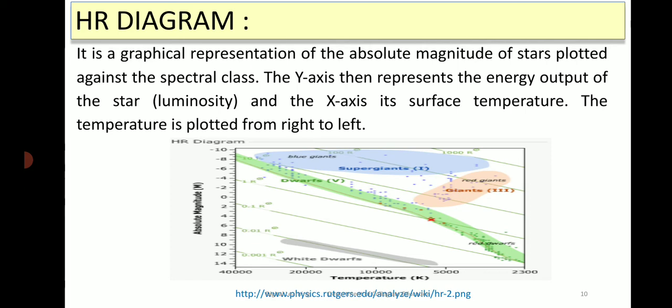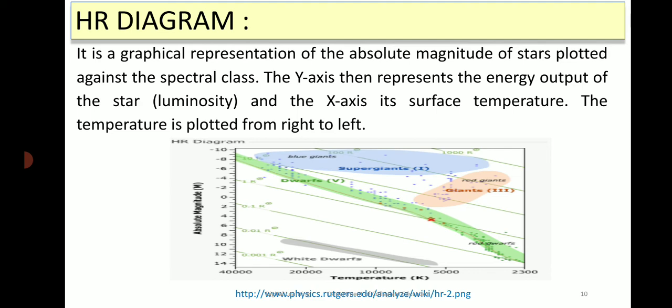The temperature is plotted from right to left. In the x-axis there is temperature, and you can see the variation of temperature at different stages of the star. If you keep moving from right to left, there is increasing temperature.